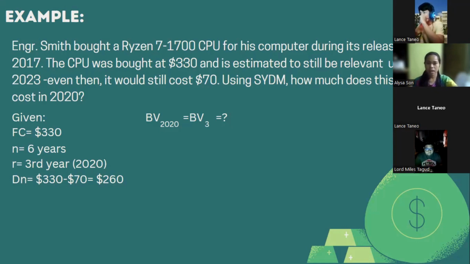Kay ang gipangita ani nga problem kay ang book value sa third year. And the total cost rate is equal to first cost minus salvage cost. Ang salvage cost sa kaning problem is $70. So 330 minus 70 is equal to $260.